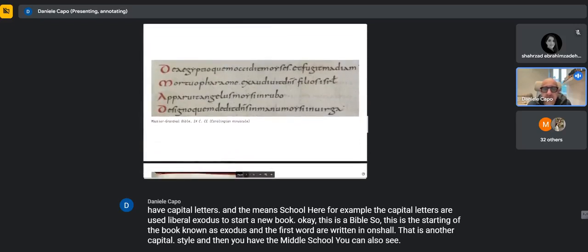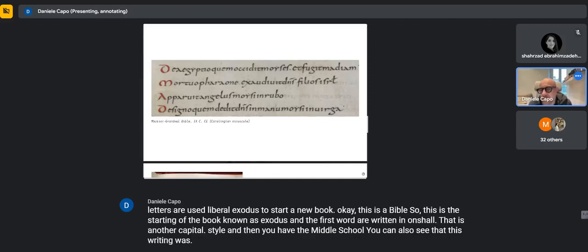You can also see that this writing is more soft than the capitals, and it is slightly slanted.